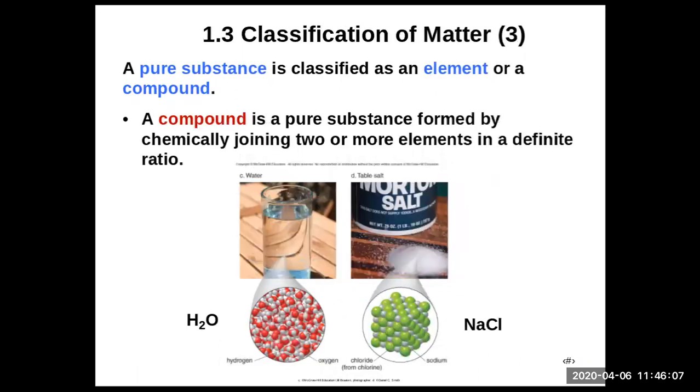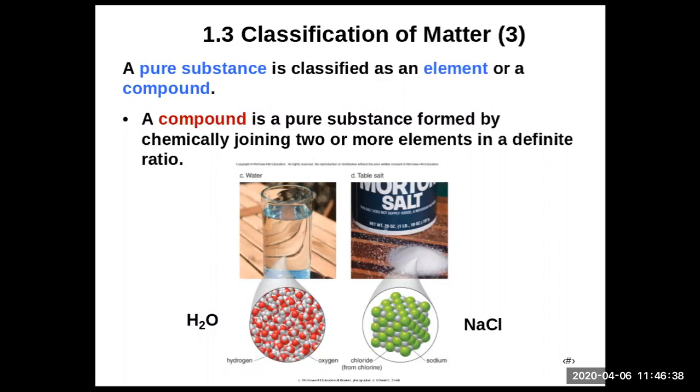So again, pure substances can be classified as elements or compounds. Whenever you have a compound, it's because you have two or more elements that are combined chemically. They are joined and bonded in a definite ratio. And that's why we can write a formula for them, because that definite ratio gives you a formula for your compound. As an example, water is a compound.